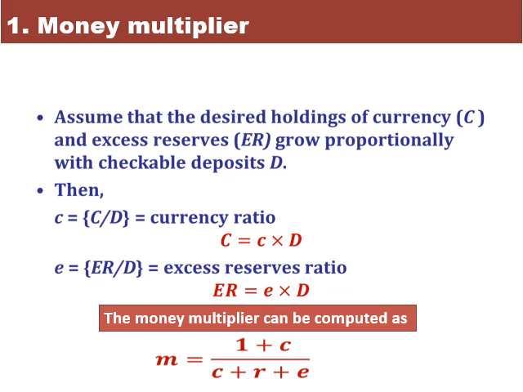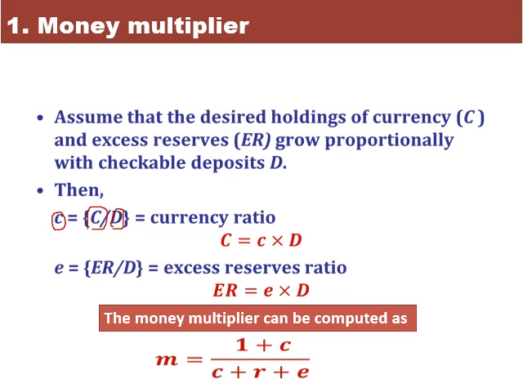Now, to explain the factors that affect the money multiplier, let's assume that individuals want to hold a certain level of currency, which we can call the currency ratio. This currency ratio is referred to as small c, and it can be computed by dividing the amount of currency C by the amount of deposits available at banks.